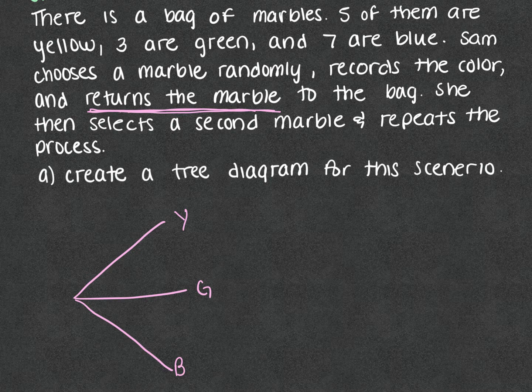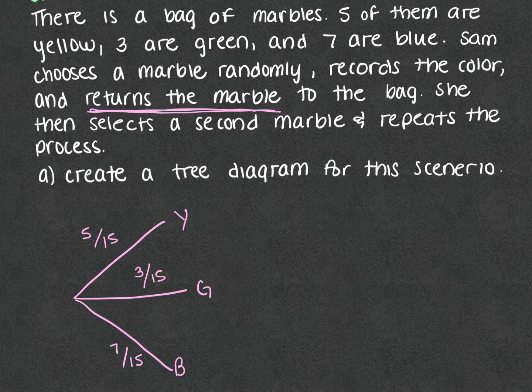And then when we're looking at this, it says 5 are yellow, 3 are green, and 7 are blue. And we want to put the probabilities. So if we add those all up together, that's a total of 15. So 5 out of 15 chance she gets a yellow, 3 out of 15 she gets a green, and 7 out of 15 that she gets a blue, okay?